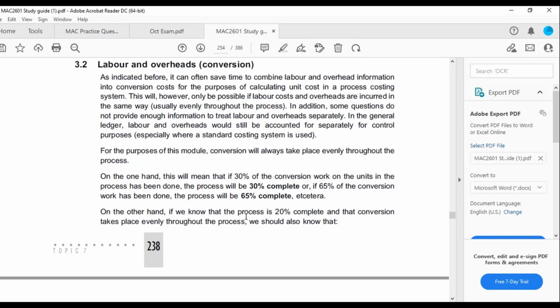Some questions do not provide enough information to treat labor and overheads separately. In general ledger, labor and overheads will still be accounted for separately for cost purposes. So for process costing, normally we'll talk about conversion cost being labor and overhead. And the question always says that they are evenly spent throughout the process, as if they are co-joined. Because think about it, when a person uses a machine to convert or to make a table or whatever, they are conjoined together in terms of process costing.